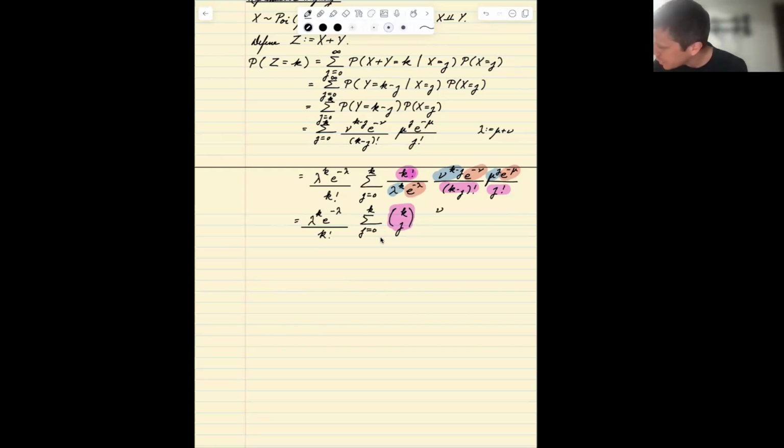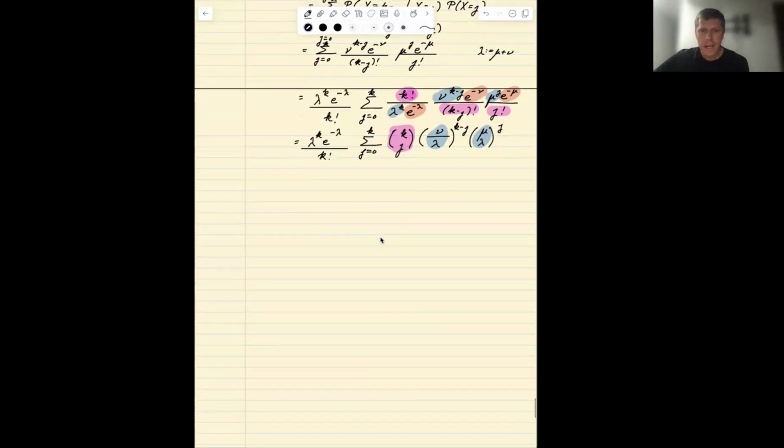So we end up with nu over lambda to the K minus J, mu over lambda to the J, coming from those pieces there. And so altogether, this is the PMF of binomial K and mu over lambda, because mu over lambda plus nu over lambda by definition is 1.